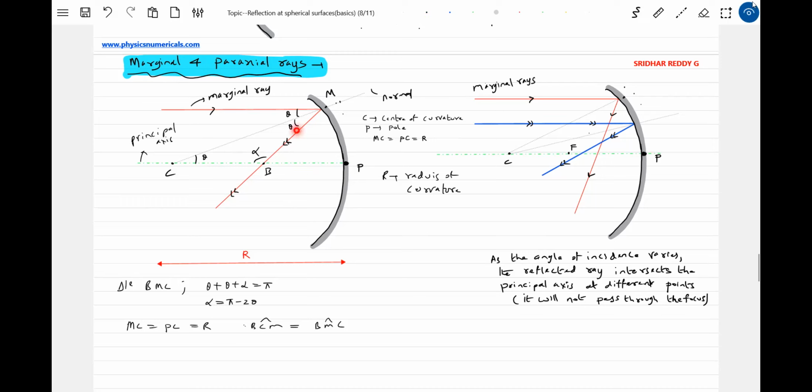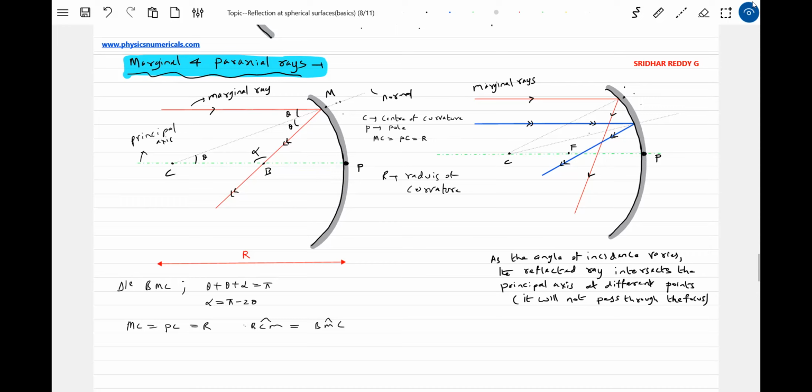So these two angles will be equal from the geometry. Since that happened, this distance BC should be equal to BM. Already we have derived in the earlier case that MC should be equal to PC. Keep this one here.